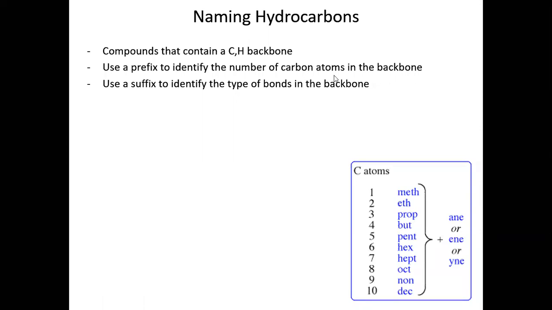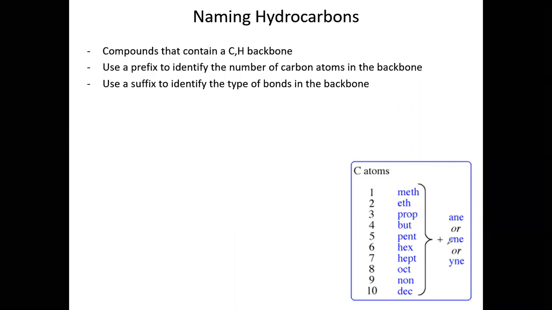Notice the beginning prefixes are a little bit different than the Greek prefixes. 1 is meth, 2 is eth, 3 is prop, 4 is but, but after 4 it becomes similar to the Greek prefixes. So based on the number of carbon atoms in the backbone, you use one of the prefixes shown here. And then you look at the type of bonds. If it's all single bonds, we use the suffix "ane."